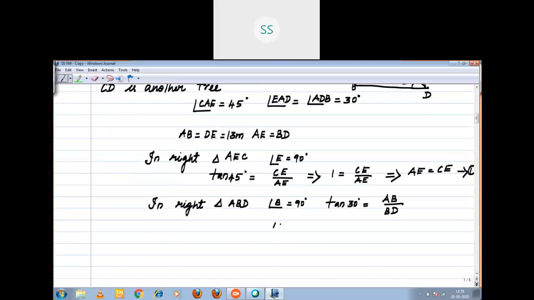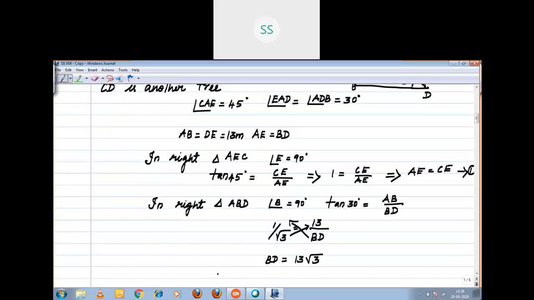Then AB they given us 13, tan 30 degree is 1 by root 3. 1 by root 3 equal to 13 by BD. So what is your BD? Cross multiply. BD equal to 13 root 3.